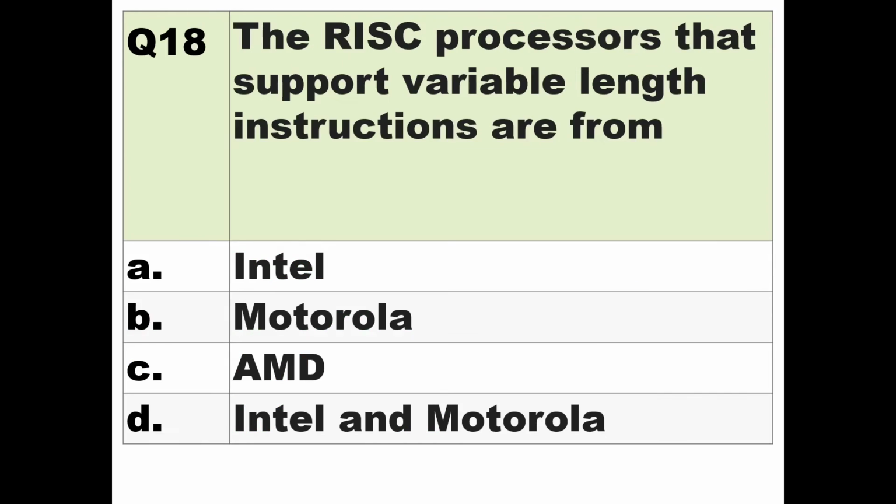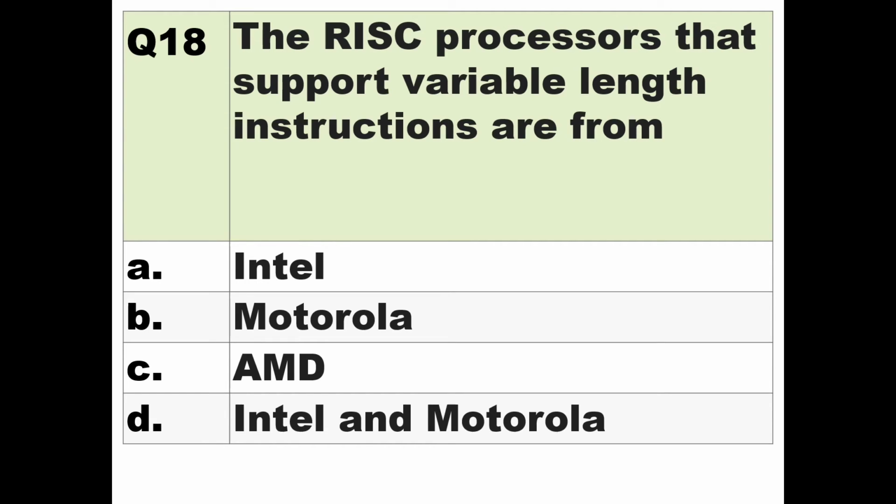Okay. Then we'll go to the next question, question number 18. The RISC processors that support variable length instructions are from which company? The options given are Intel, Motorola, AMD, or Intel and Motorola.